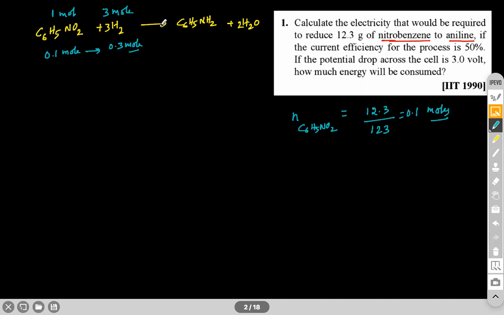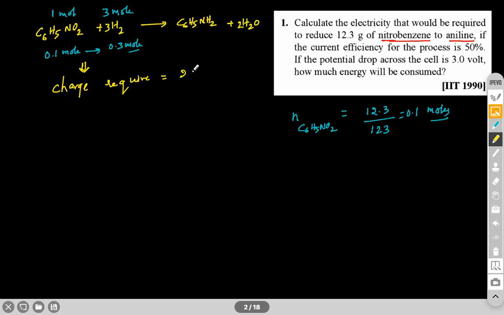Now the amount of charge required to liberate 0.3 mole of hydrogen. Okay, so for this reaction, the charge required for this process will be: the amount of H+ that you get here, 3 into 2, 6.